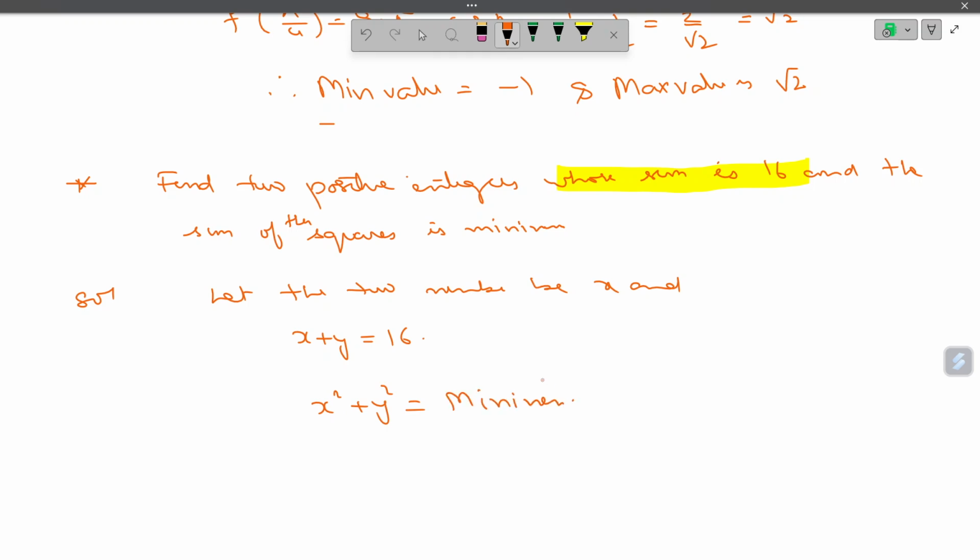He has only given that. So x square plus, what is y? Can I write y equal to 16 minus x from here? So x square plus 16 minus x whole square. Call this the function f of x.